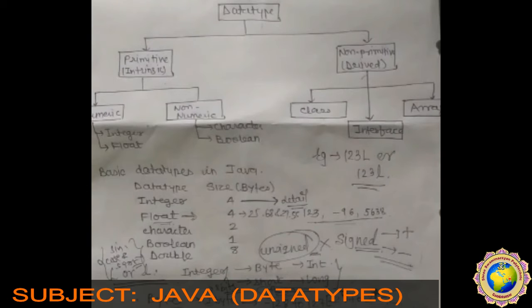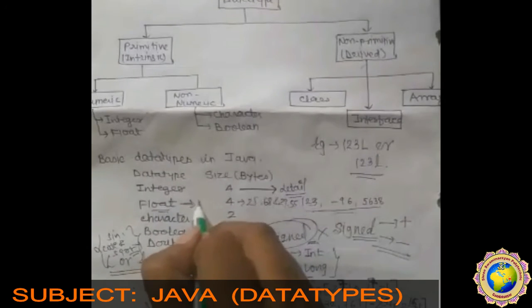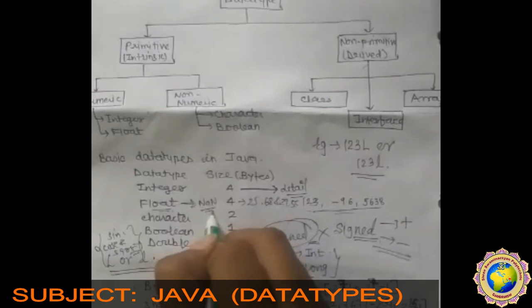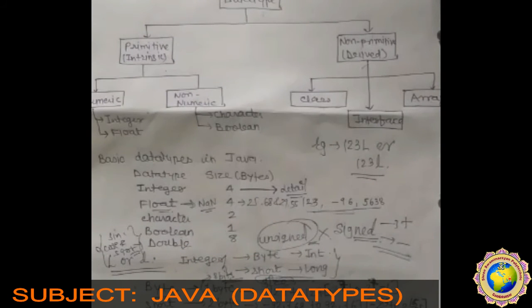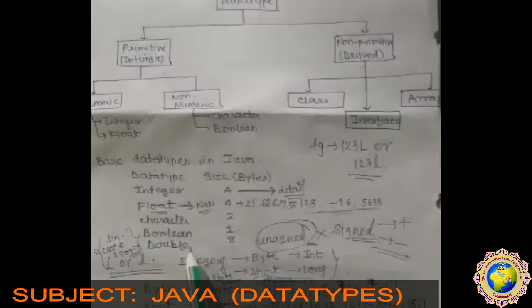Floating point data types support a special value known as not a number, NaN, that represents the result of operations such as divide by zero when the actual number is not produced. So this is all about float and double.